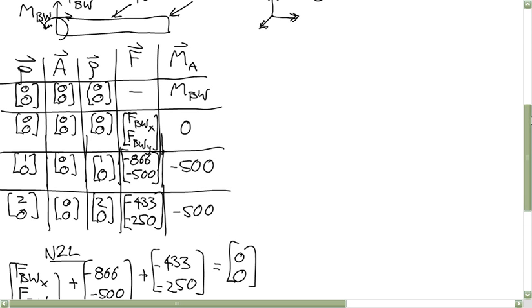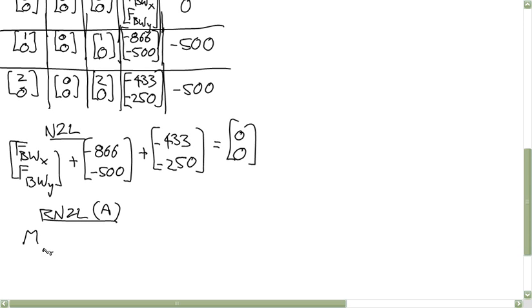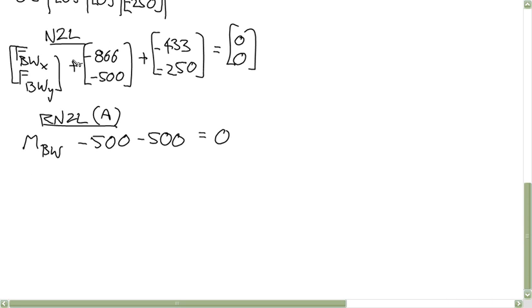So for the left side of this, we have MBW minus 500 is equal to 0. So that's 3 equations, 3 unknowns. And this one you don't have to really solve as a system. Every equation just has its own variable.